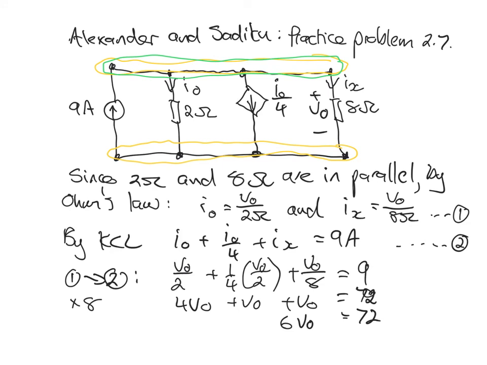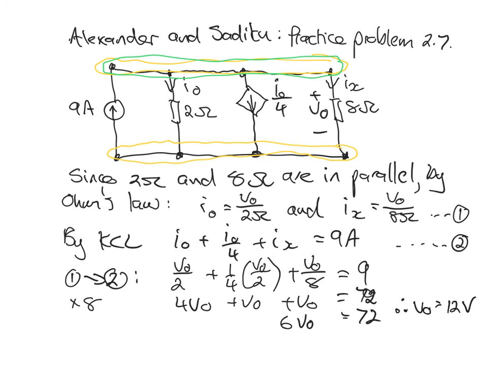And so V_O is equal to what? 72 divided by 6? 12. Okay, 12, yay. So we know that V_O is equal to 12 volts.